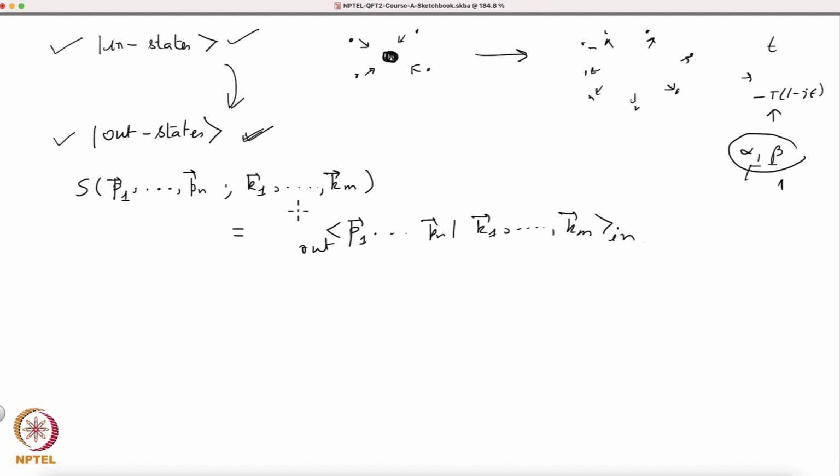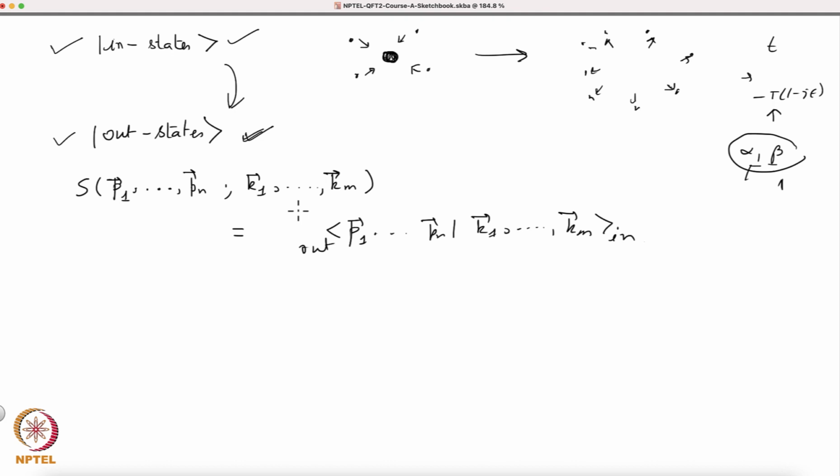I am going to do something nice. The goal is that I turn these in states and out states, which are right now written using these a in daggers and a out daggers, into objects that involve the fields phi.